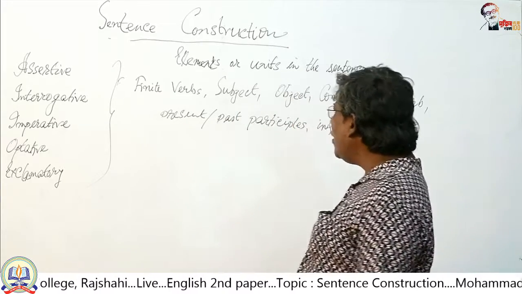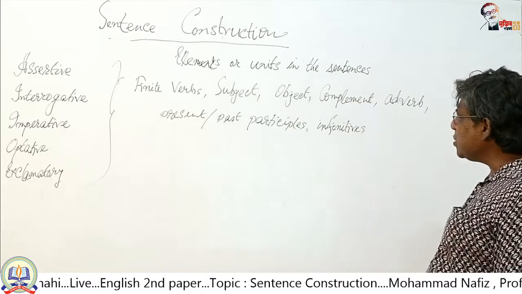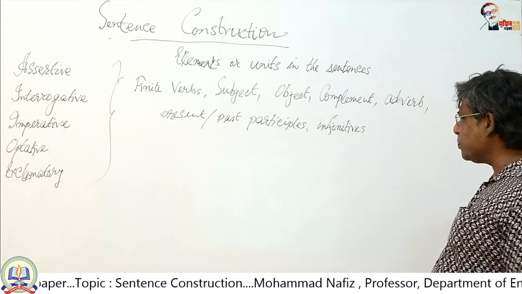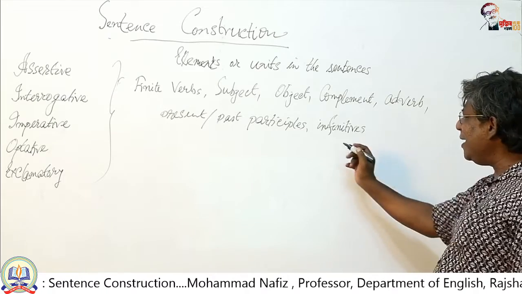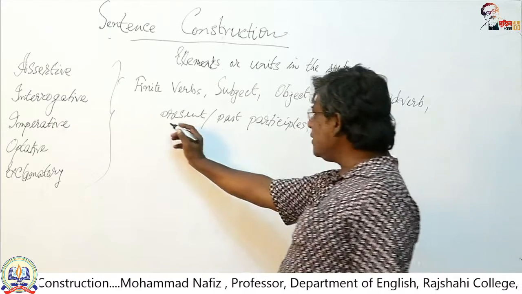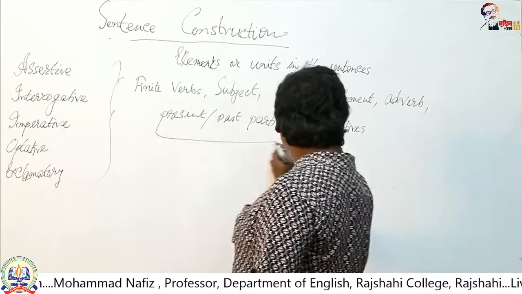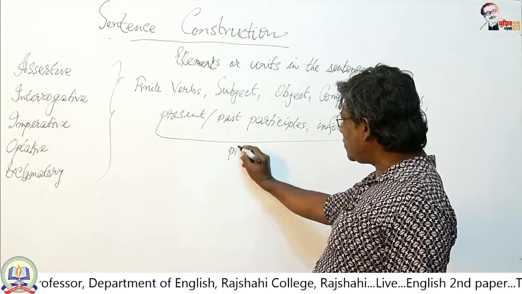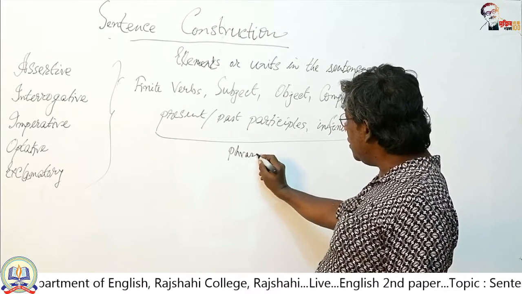So, when we mean the units of sentences, we mean only these units as I have written on the board: finite verbs, subjects, objects, complements, adverbs, present or past participles, and infinitives. Among these three, when they are used as units, they are presented in the forms of phrases.